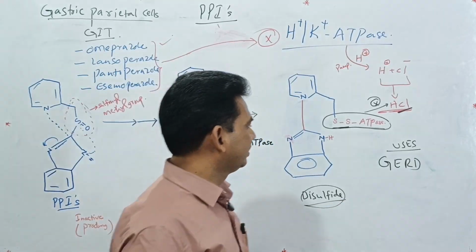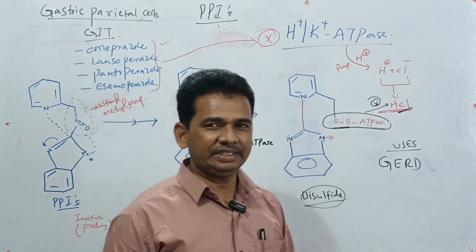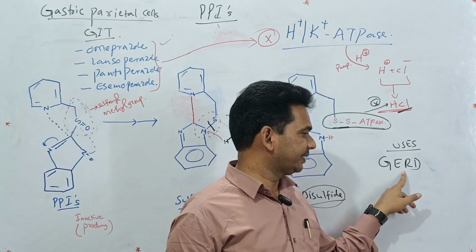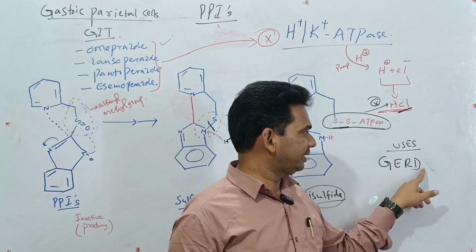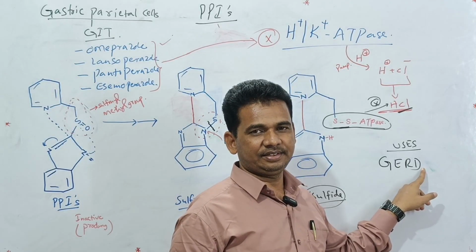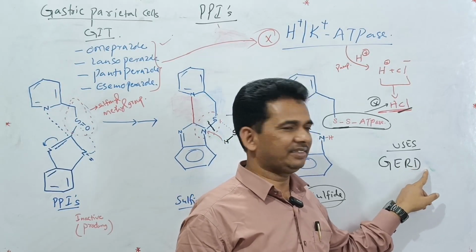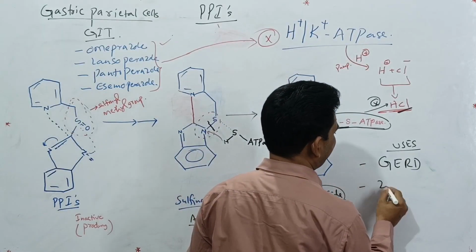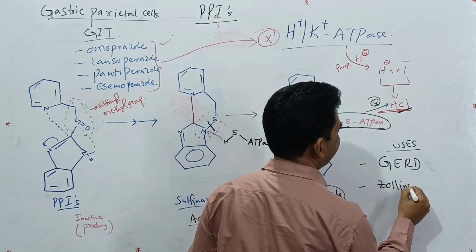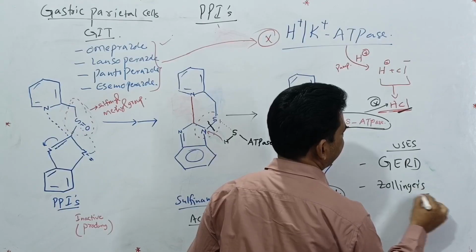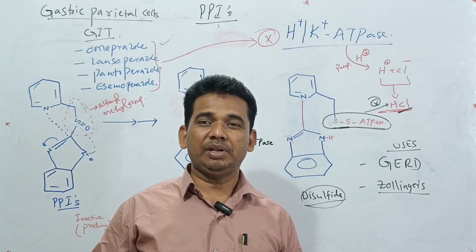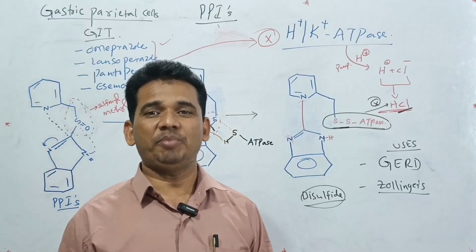GERD means what? What is meant by GERD? Gastroesophageal reflux disorders. Another disease where it is useful is called Zollinger-Ellison disease. Zollinger-Ellison is nothing but the acid secretion being heavily increased in the stomach.